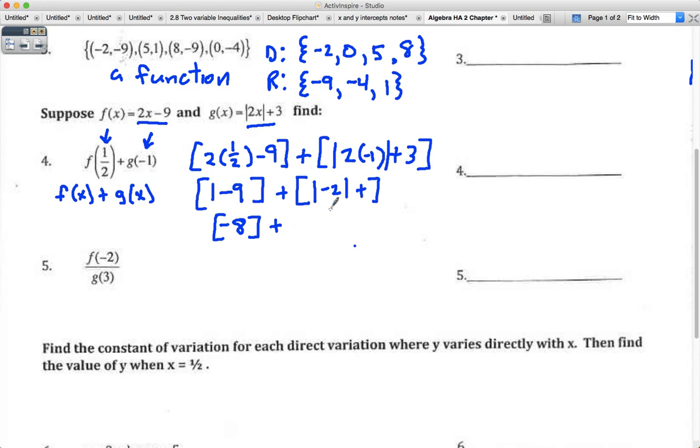Plus the absolute value of 2 plus 3. The absolute value of negative 2 is 2 plus 3. This all equals negative 8 plus 2 plus 3 is 5, which equals negative 3.